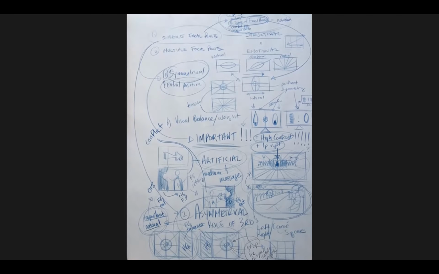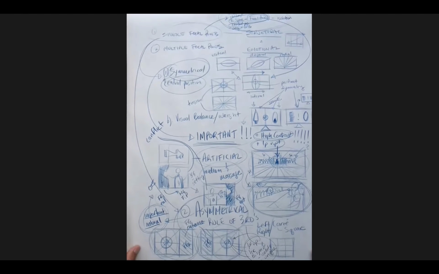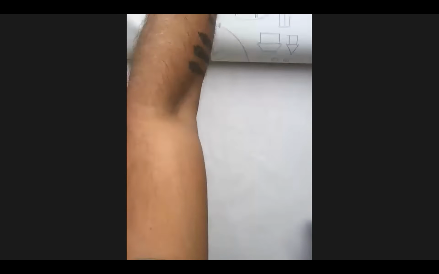Okay, so any questions as to what symmetrical or asymmetrical is? Yet? Okay. So then, multiple focal points.